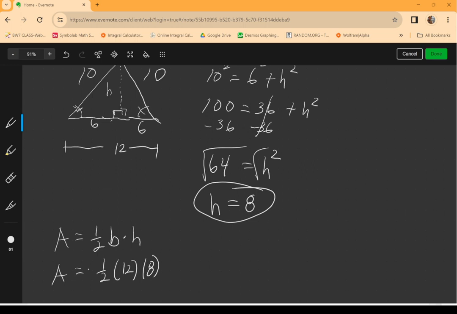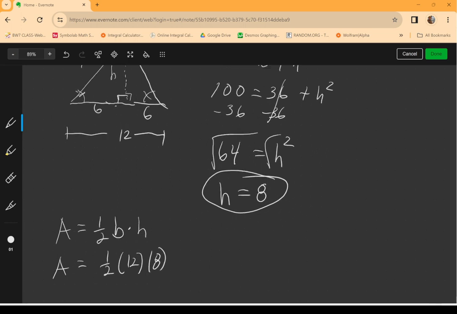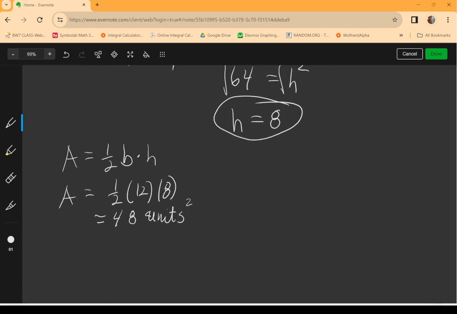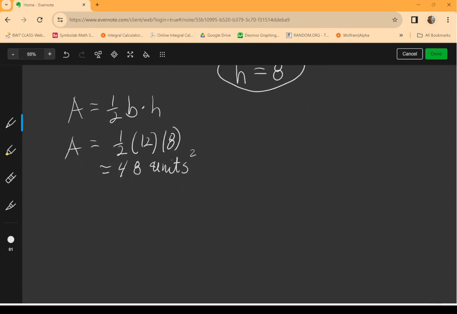Simplifying all this out, 1/2 times 12 is 6, times 8. We get 48 units squared. Okay, so that's how we approach that problem, knowing what we've covered previously about isosceles triangles and dropping a perpendicular.